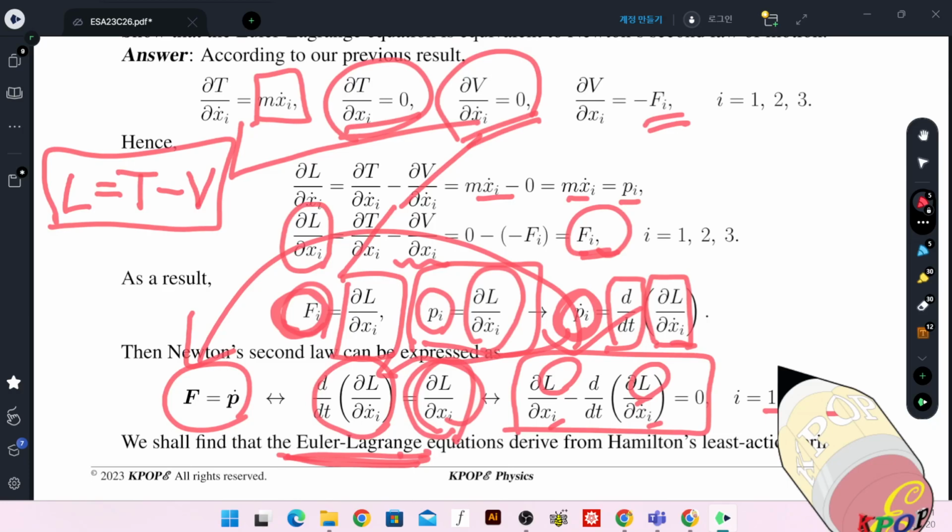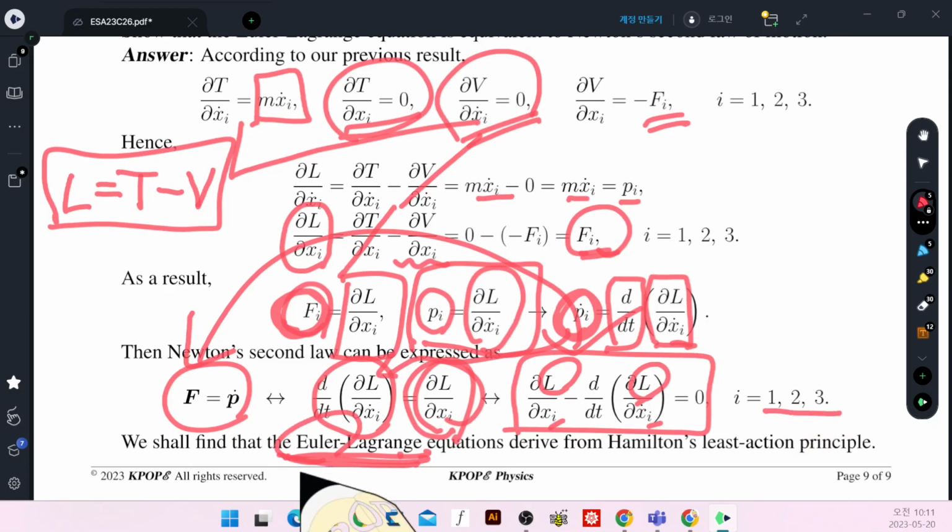By the way, finally, because Euler created the calculus of variations, he thought, and finally Hamilton found that this equation comes from the minimization of another function. Actually, it is called a functional.